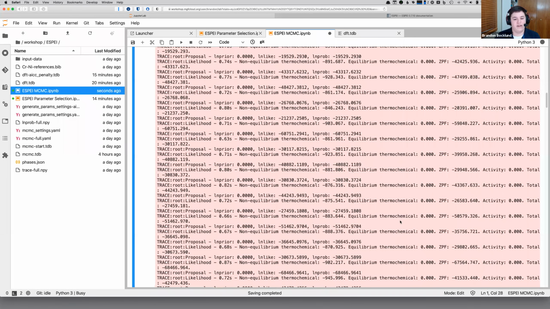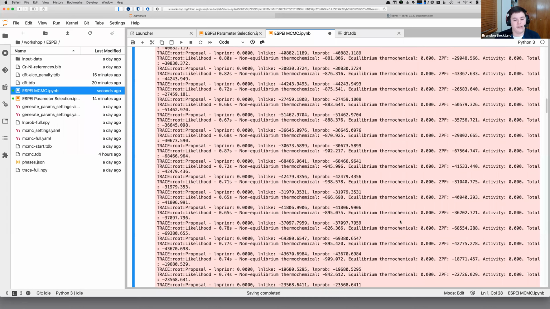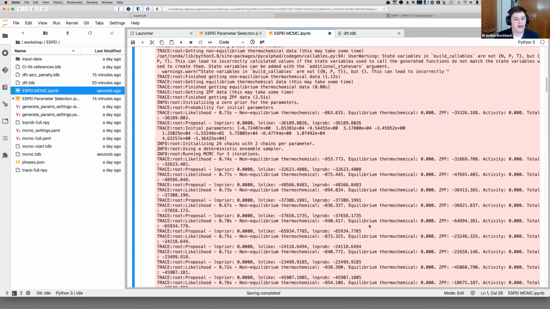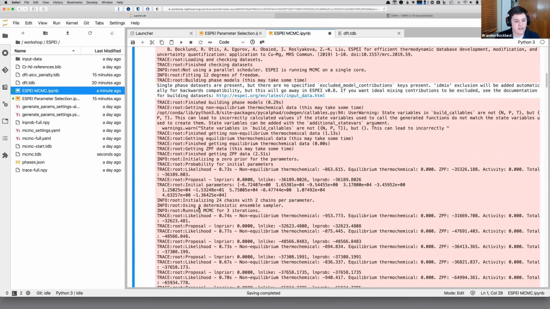And so if we run these 3 iterations here, because we're using ensemble Markov chain Monte Carlo, for every iteration we need to go through all of the chains. By default, you have 2 times the number of parameters in chains. In this system, if we scroll up to the output, it's going to tell you that we're fitting 12 degrees of freedom.